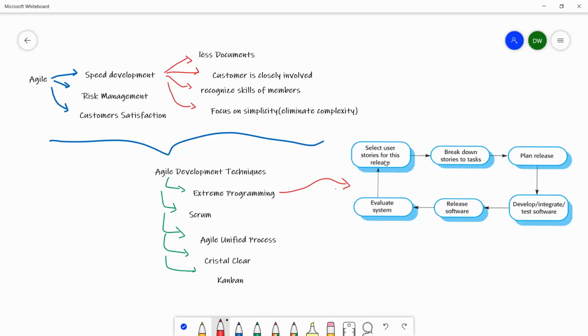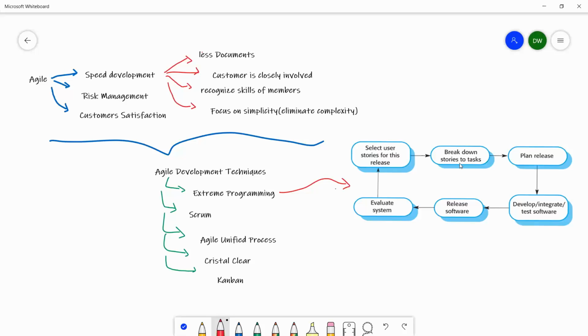Your customer will always tell a story that I need this kind of software. If that software should contain these facilities, they will tell you a story. From that story, you have to consider what kind of tasks are to be done as a software engineer or software developer, and you will have to break down those stories into small tasks, right?